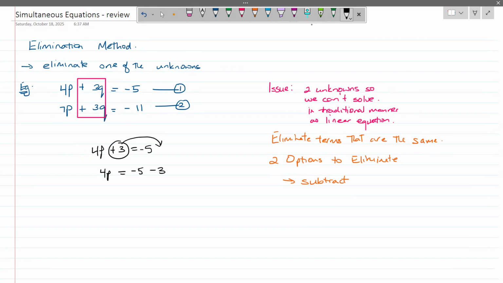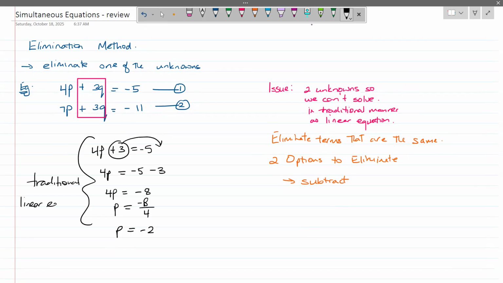It becomes negative 3. I could add these two together, and then I could solve for what p is. And I get p to be negative 2. This is the traditional sense. Traditional linear equation, right? With one unknown value.